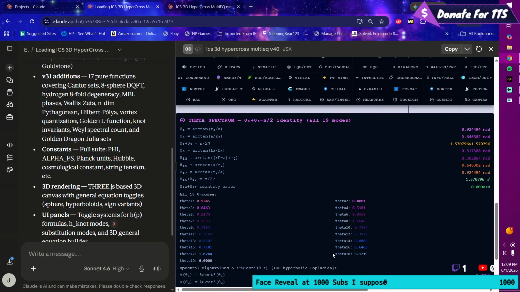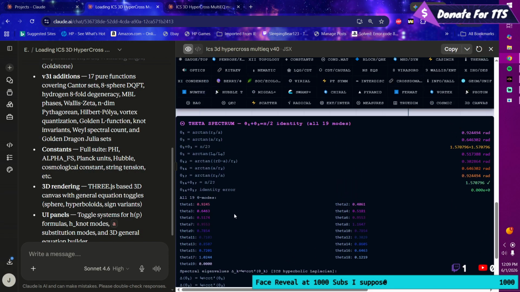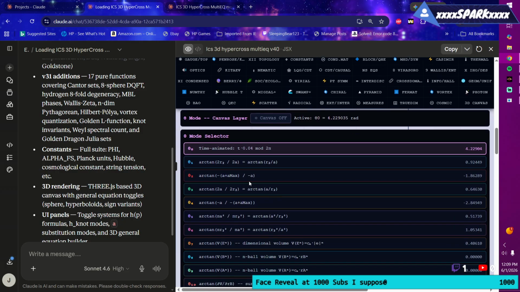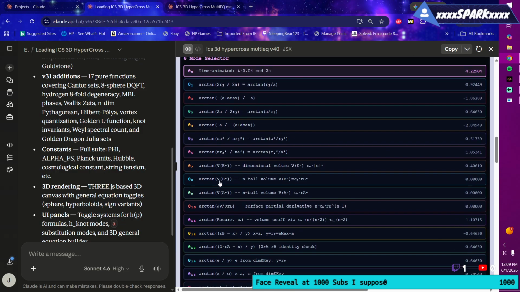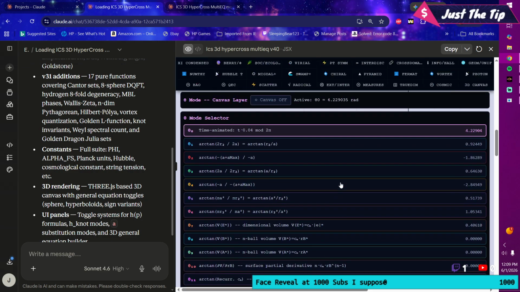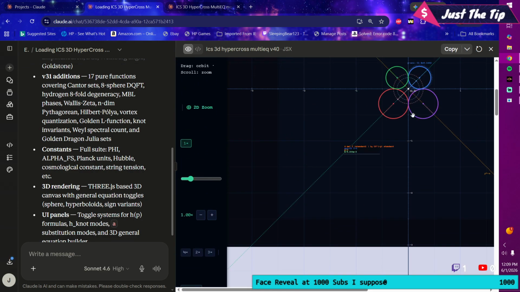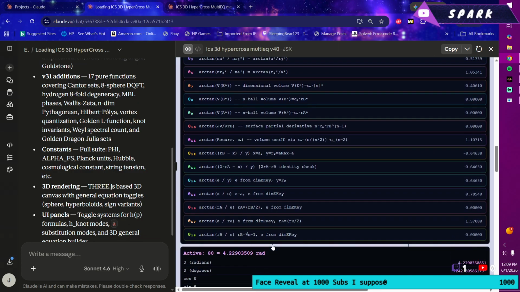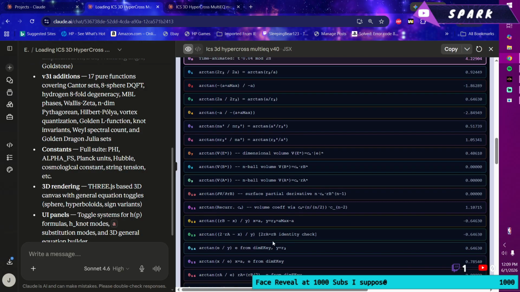Random matrix, theta spectrum. This is all different theta points. I have a bunch of different modes measuring different theta aspects, like arctan. This I still need to tie more into something that rotates and affects the cosine, like I was just saying earlier, the x and y relationship.